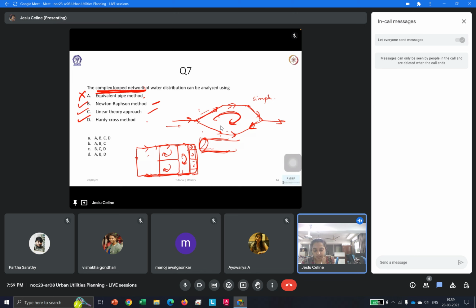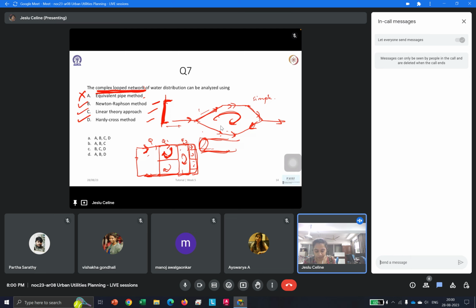We did not discuss in detail how we use these methods. We discussed how this has to be done, but we did not go into much detail because we have to make certain assumptions. To explain at a very high level, we assume the flow Q through this one, and then if this is Q, we assume what is Q1, what is Q2, and we solve.